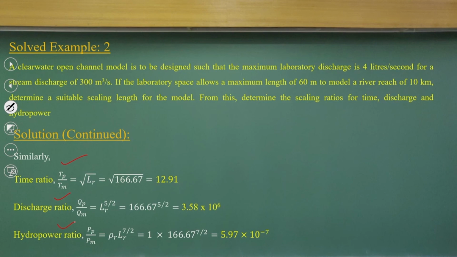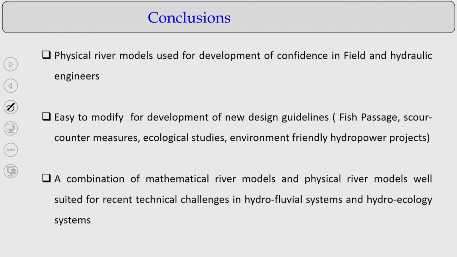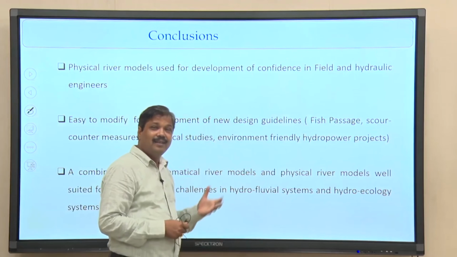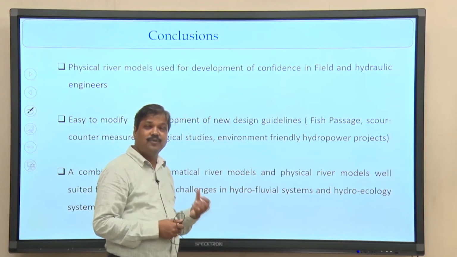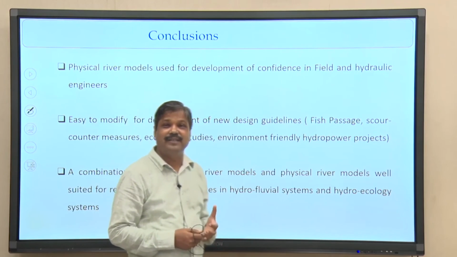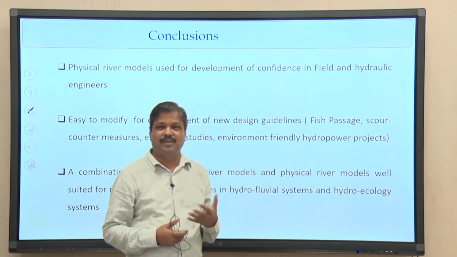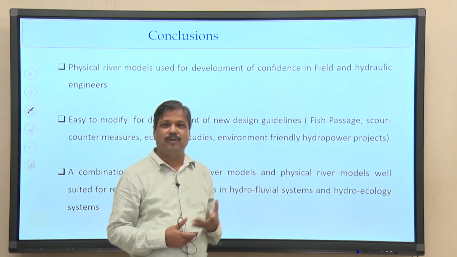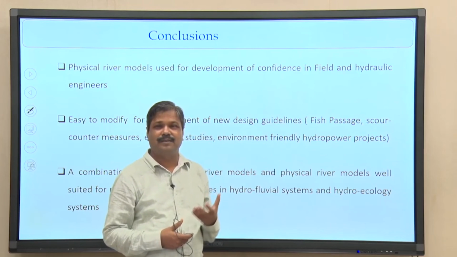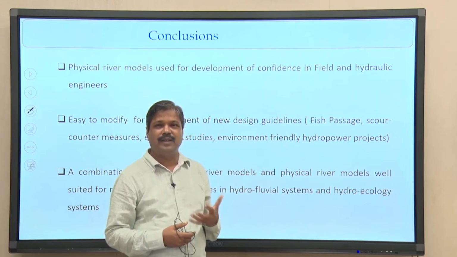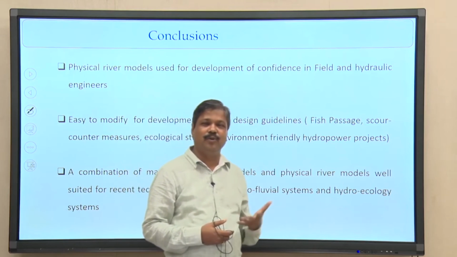Now, let me complete this course as well as this class. Physical river models give confidence to field engineers before implementing any mega projects, because as you know, most river projects are very costly. It is not easy to modify them if you make mistakes.